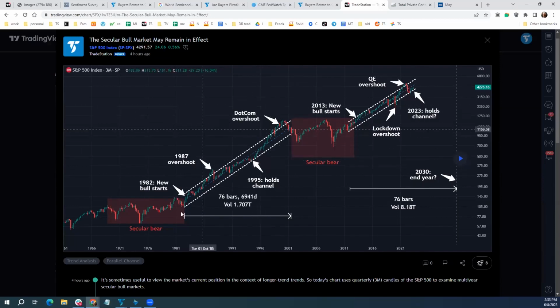So in my view, this lasted 76 quarters, and we're right now not at 76 quarters. We're probably maybe 40 quarters in or something. If you project the same length of time that we had between 1982 and 2000, it takes you up to the end of this decade.